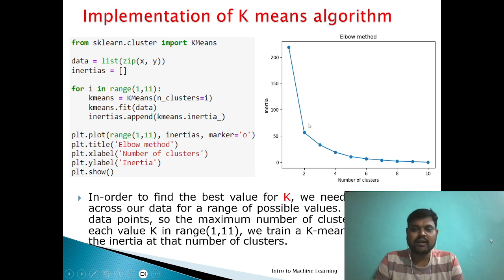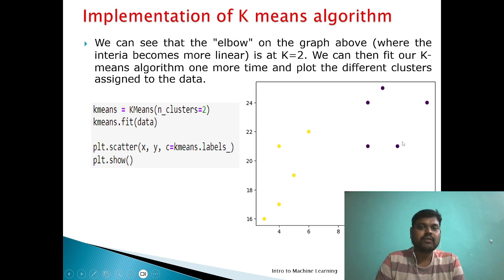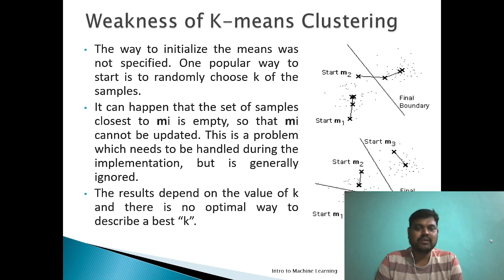So the optimal number of clusters is 2. You can select k equal to 2, number of clusters equal to 2. It will automatically fit the data into 2 clusters. You can also give labels to the clusters.